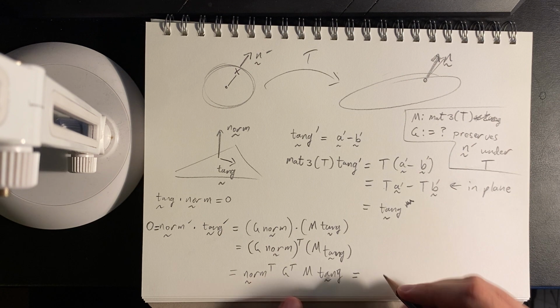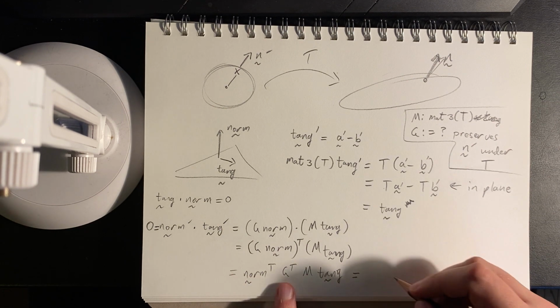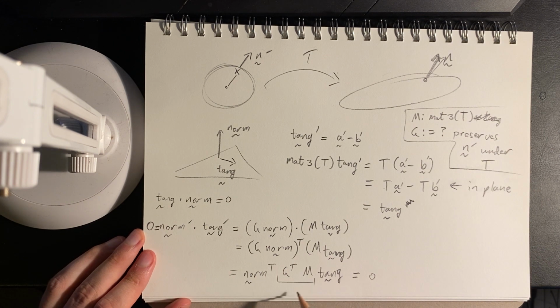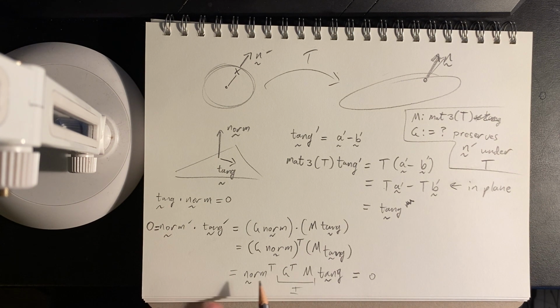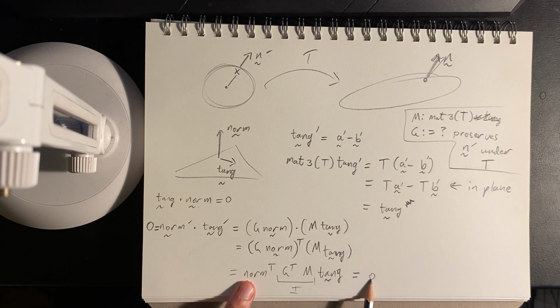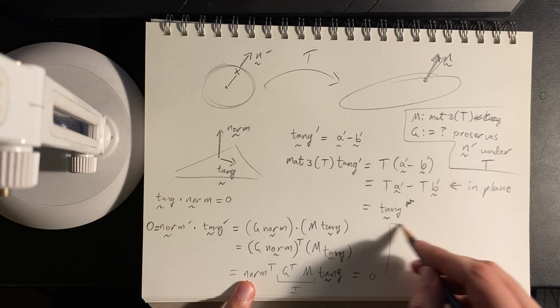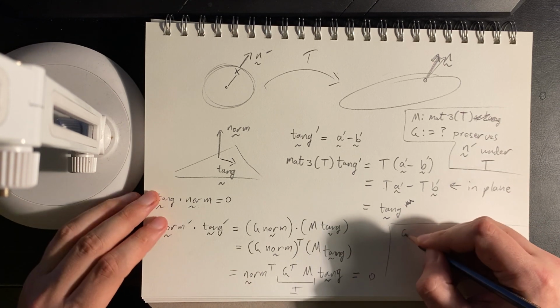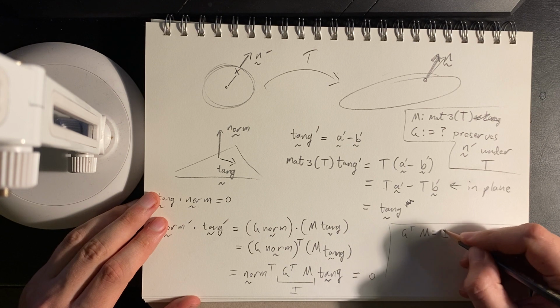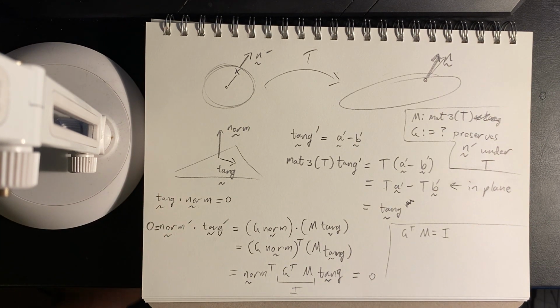And we sort of want this, well, this has to be 0 as well, which means that this has to be the identity, because we already know that the dot product of the normal and the tangent has to be 0. So from here we get the fact that G transpose times M is the identity, and then we just solve for that.